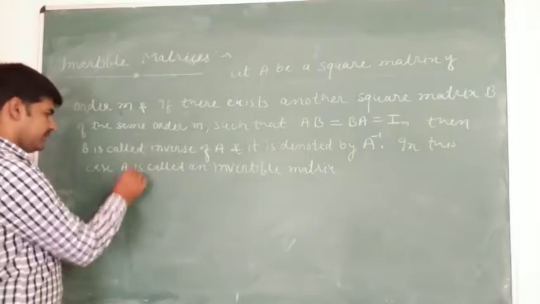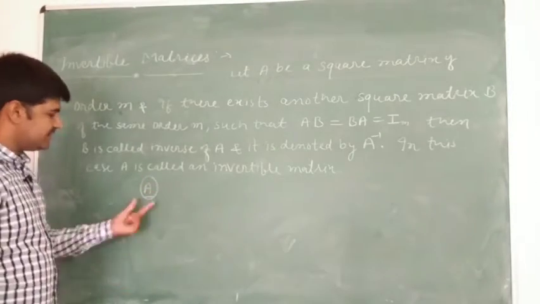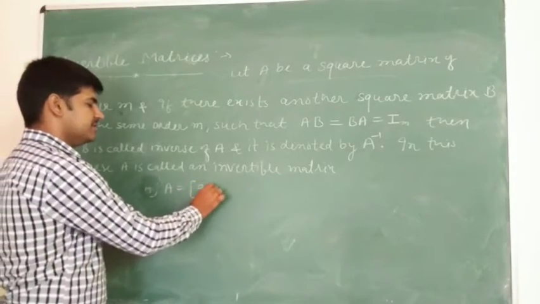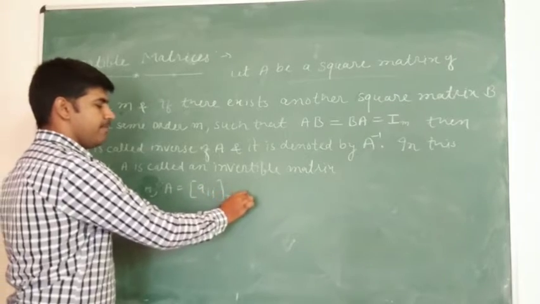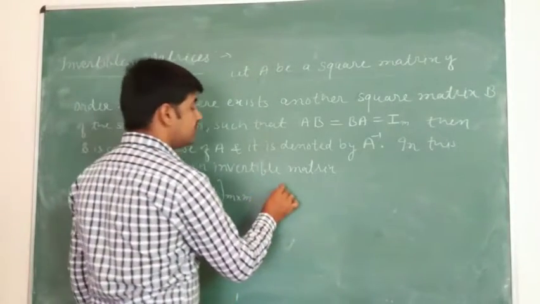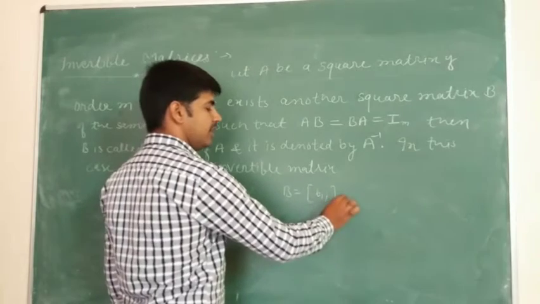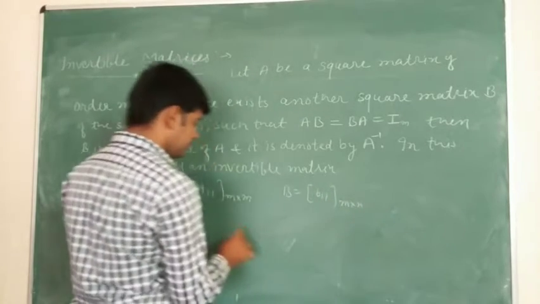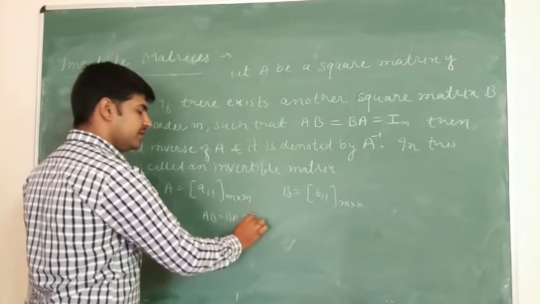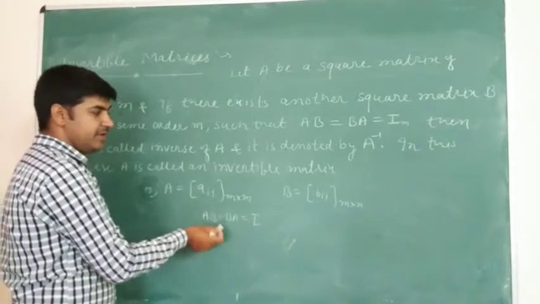So students, here we talked about two matrices. If I say a matrix A, what is A? A square matrix of order M, means M by M. If there exists another square matrix B of the same order, such that AB is equal to BA is equal to identity matrix, then B is called inverse of A and is denoted by A inverse.